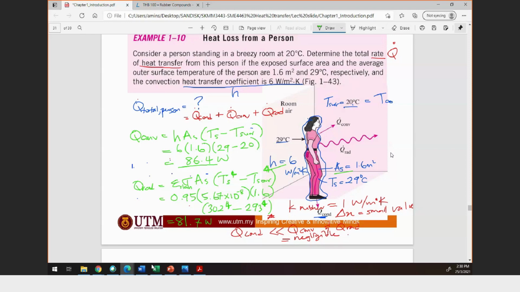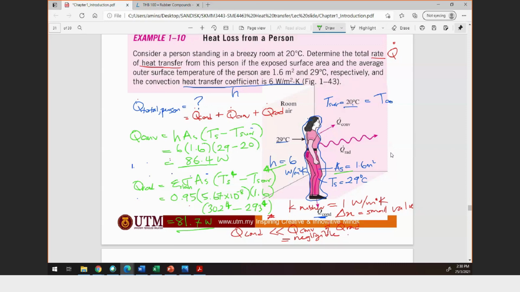So you can see here, if you look at the textbook, the value of conduction will be negligible, because heat transfer by conduction is normally small, a bit smaller than the convection and radiation.